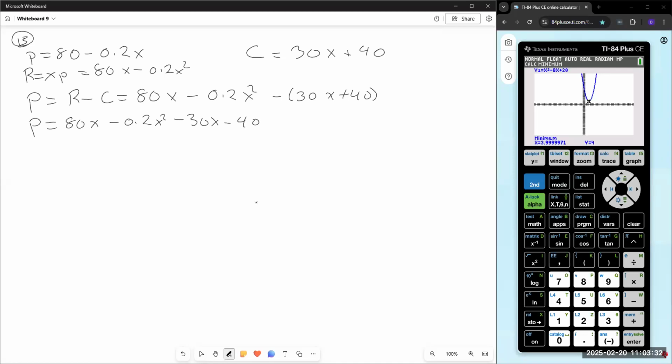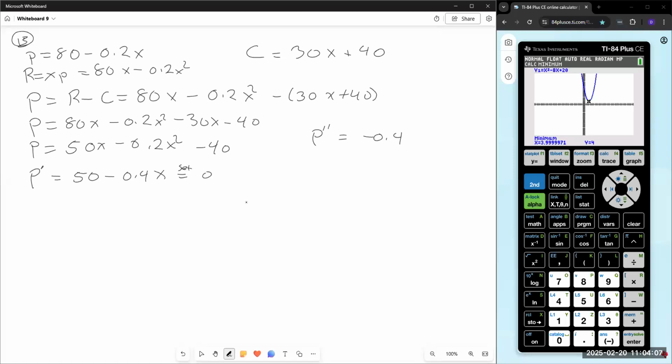So 80x minus 30x is 50x minus 0.2x squared minus 40. And then P prime is going to be 50 minus 0.4x. P double prime is negative 0.4. So whatever my critical number is, it's going to represent a maximum.